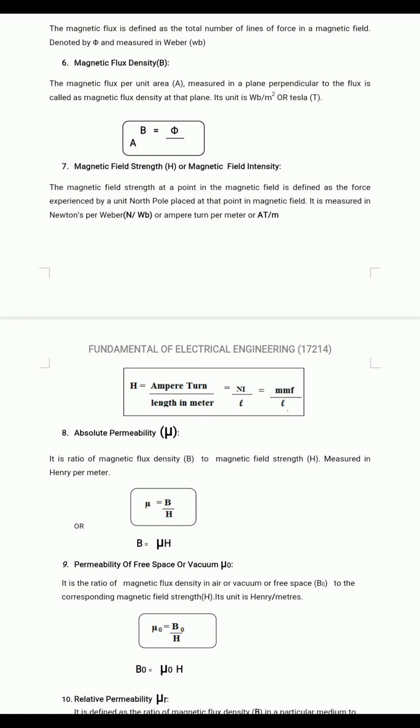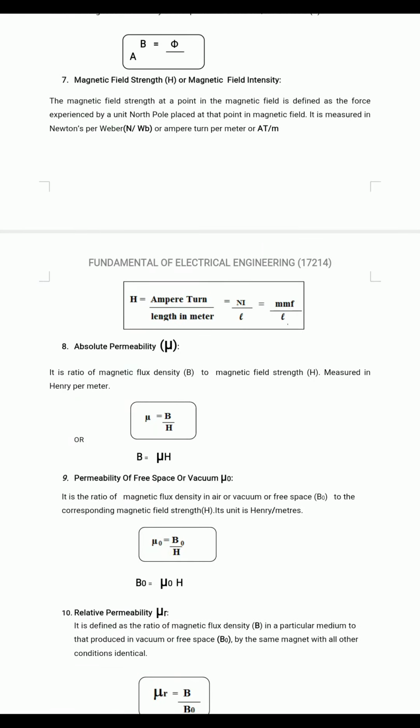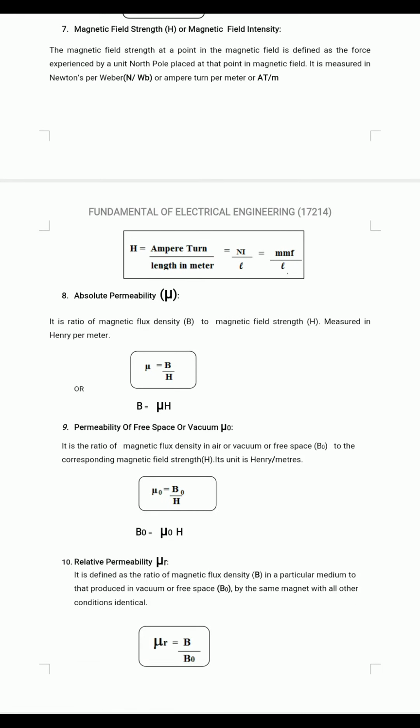Likewise, in magnetic circuit, there is permeability of free space and relative permeability. So what is meant by permeability of free space? The ratio of magnetic flux density in air or vacuum or free space, given by B0, to the corresponding magnetic field strength H is known as mu zero.